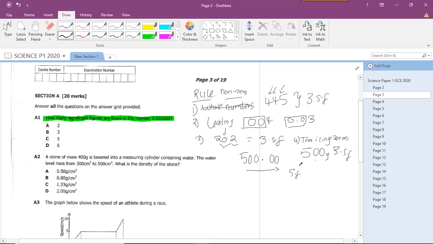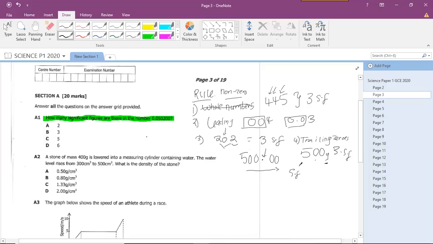Zeros at the end are only significant if there is a unit, kg, kwacha, etc., or if there's a decimal point. So 500 grams has got three significant figures. 500 point, because of this decimal point, all these zeros at the end will be significant. So 500.00 has got five significant figures.